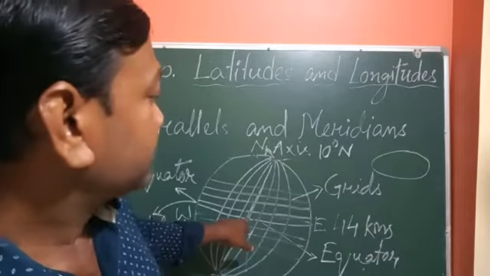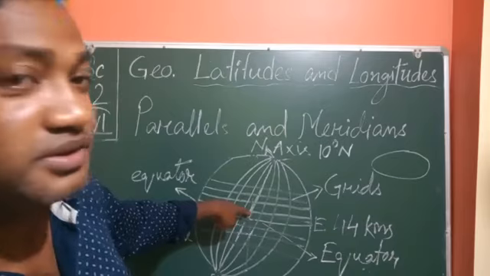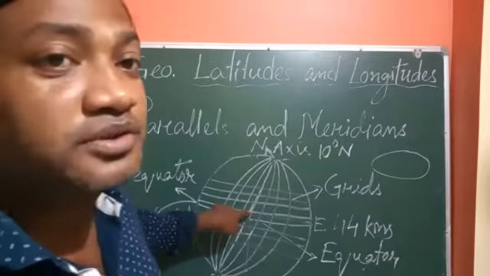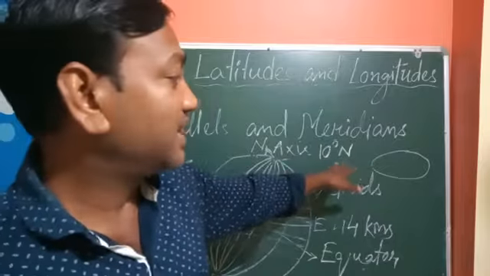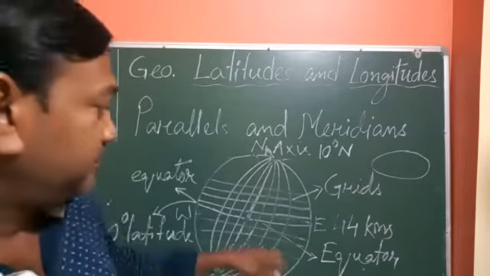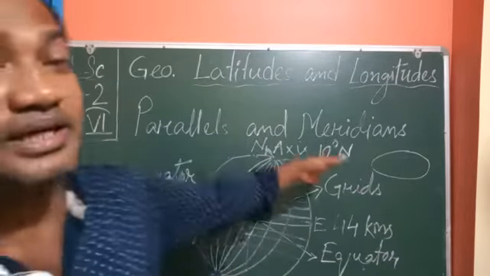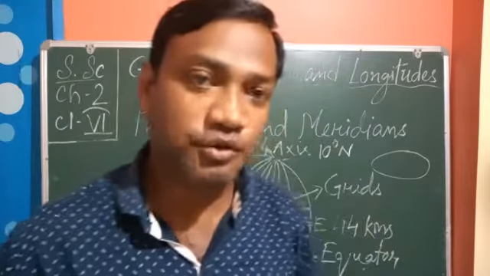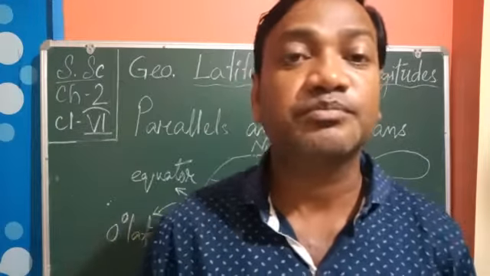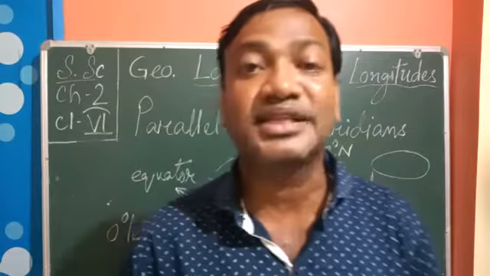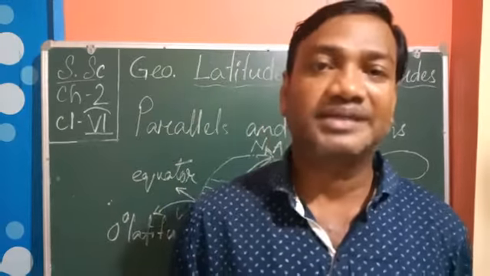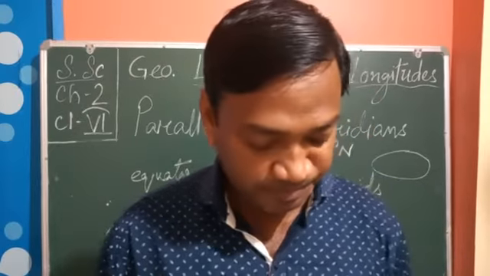We have to mention whether it is the north side or the south side. That is why it is written 10 degree north, or if it is downside, then we write 10 degree south. This indicates whether the place is in the northern hemisphere or in the southern hemisphere.